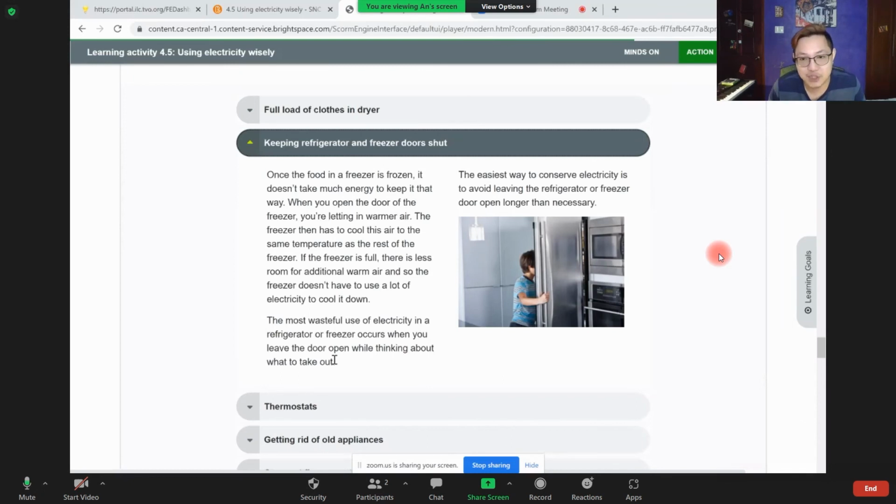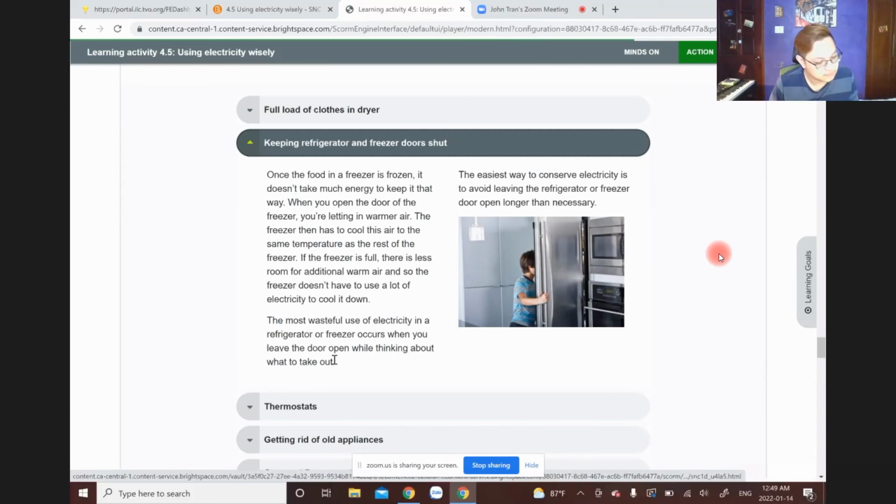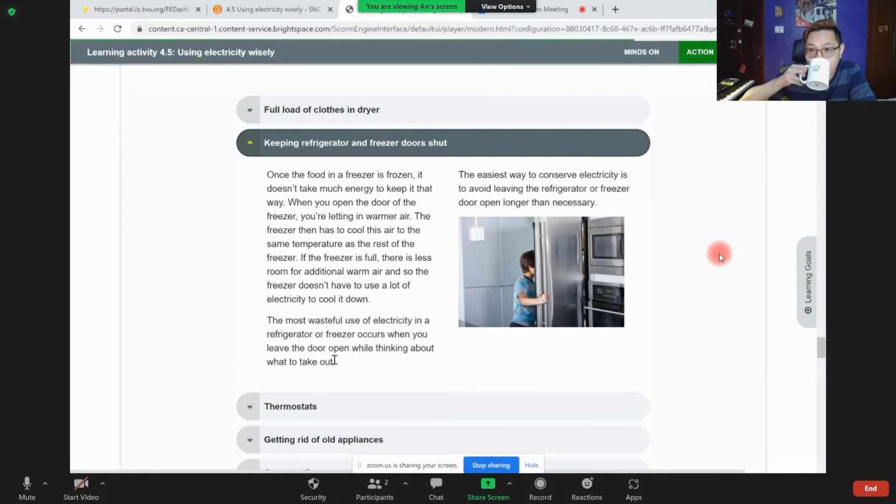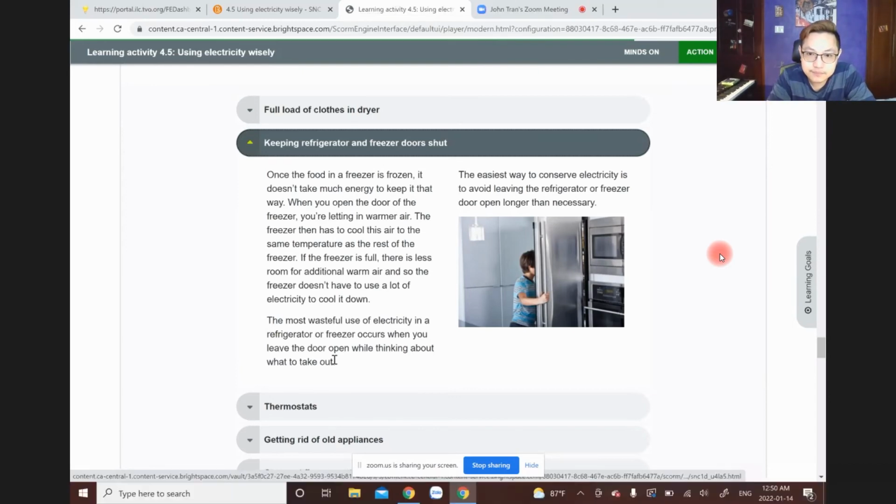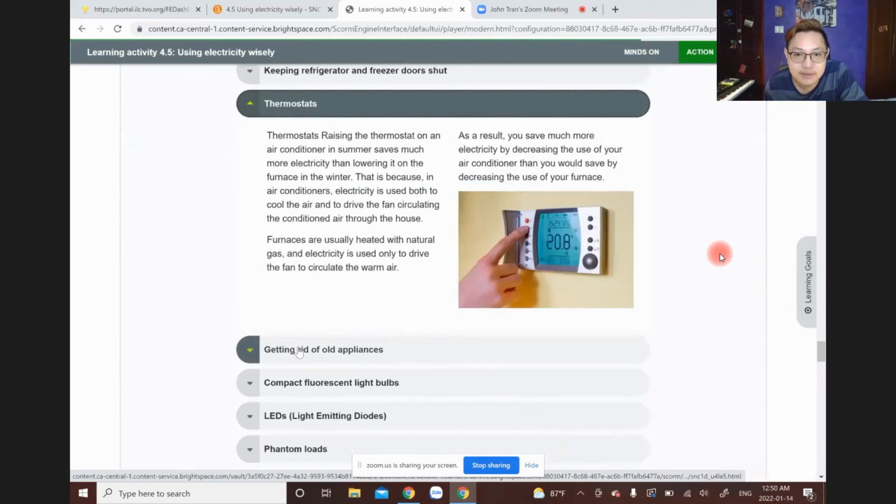Okay, and keeping refrigerator and freezer doors shut.